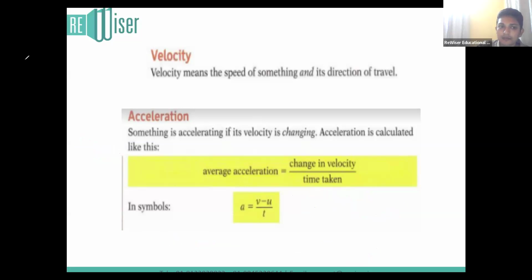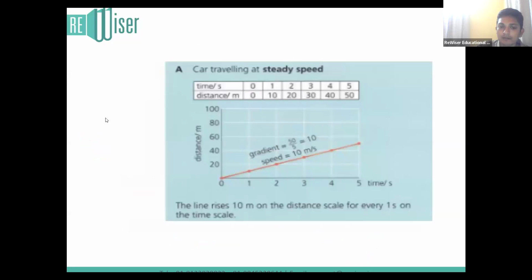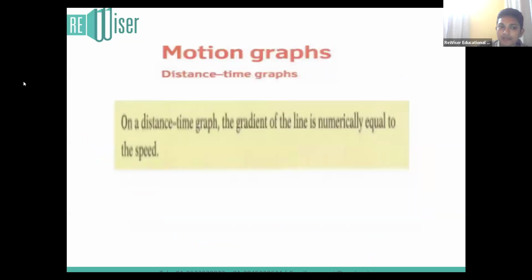Next. So when you go to motion time graphs, I'll explain the general rule of thumb that we follow. You have to first understand the shape of the graph. If the two quantities y and x have a linear proportional relationship, what will be the shape of the graph?